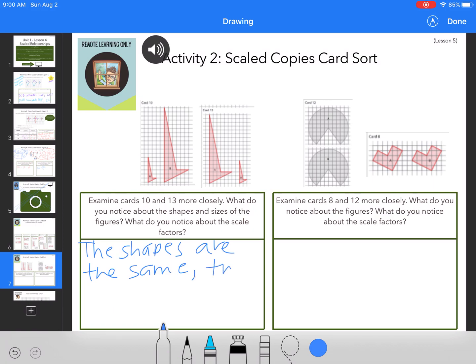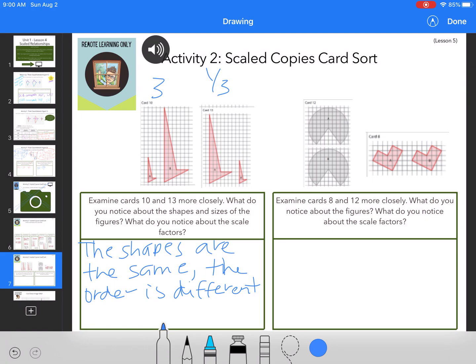The order is different. So this one had a scale factor of 3. This one had a scale factor of 1/3.